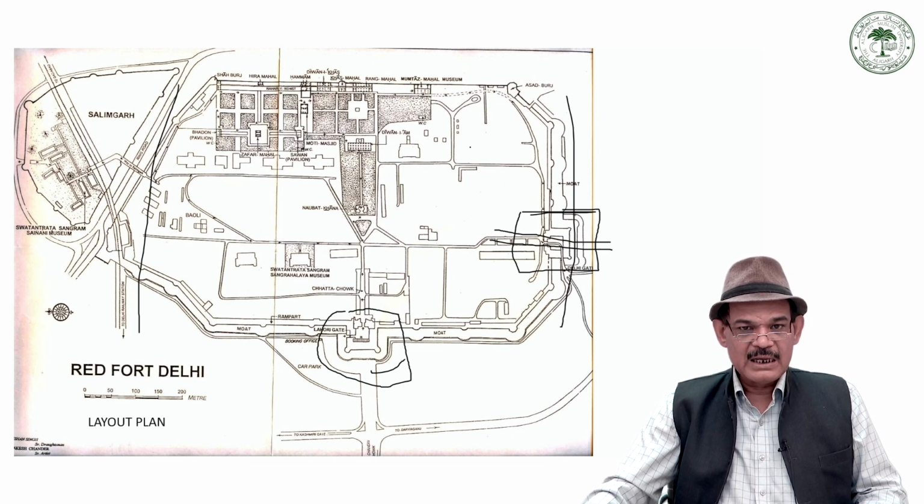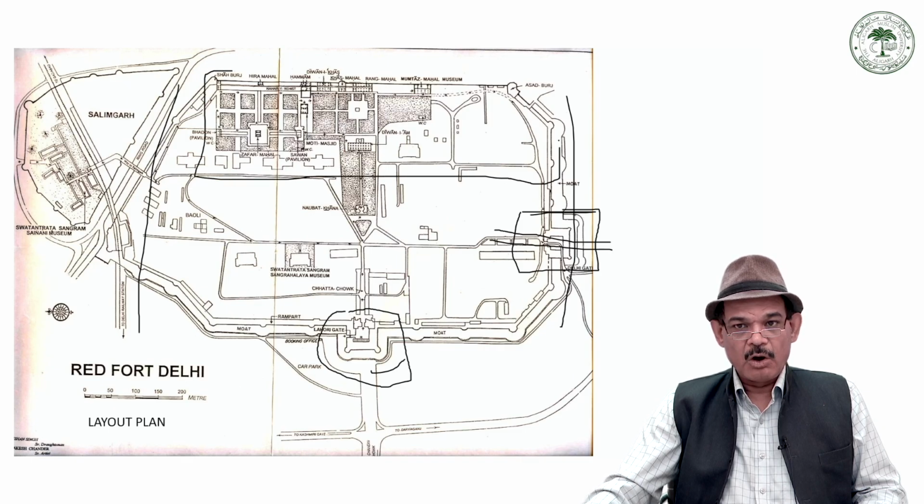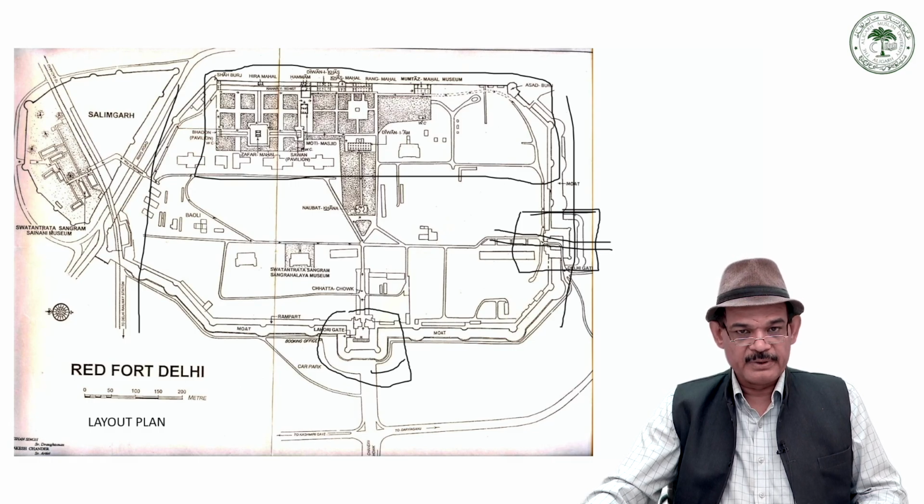So far as the layout plan of this fort is concerned, the eastern area inside the fort has been occupied by a number of palaces, built for personal and official use by the emperor.